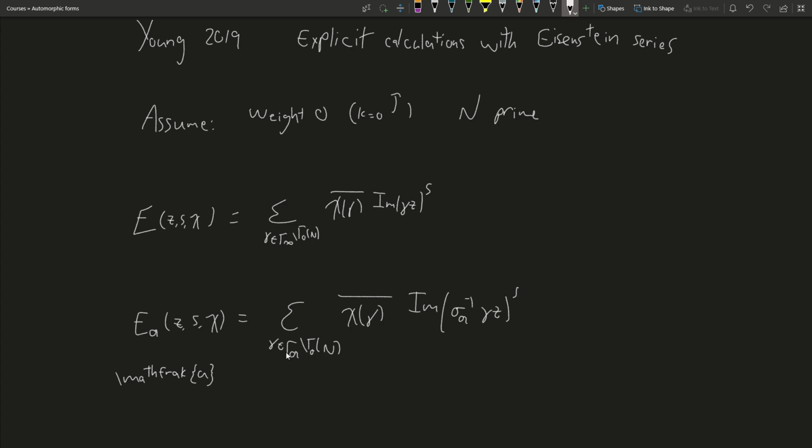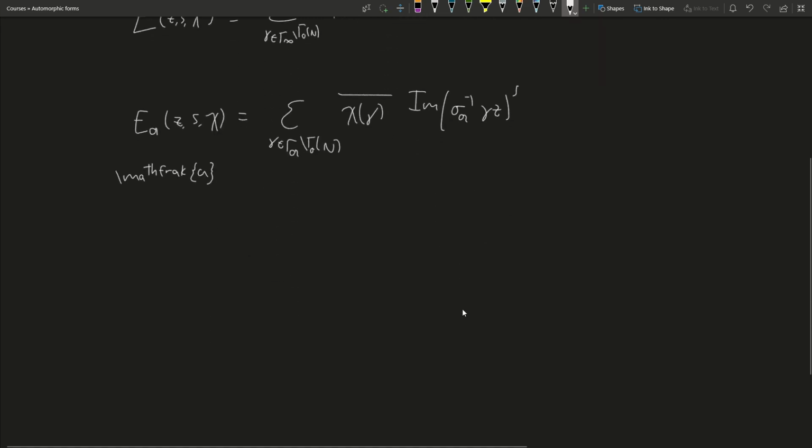So what are these two symbols that I've written here? So for every cusp we have a stabilizer.